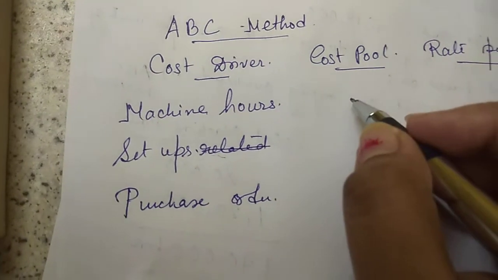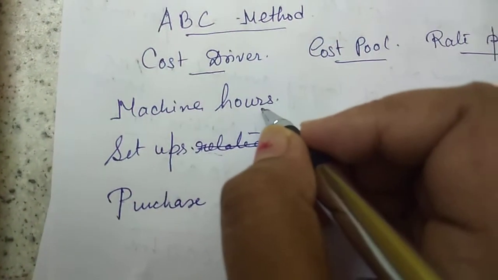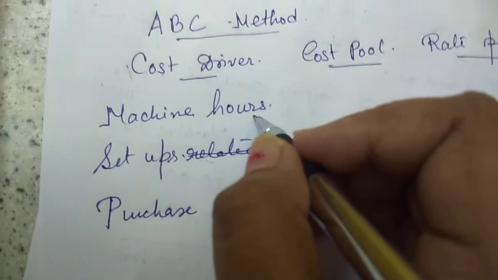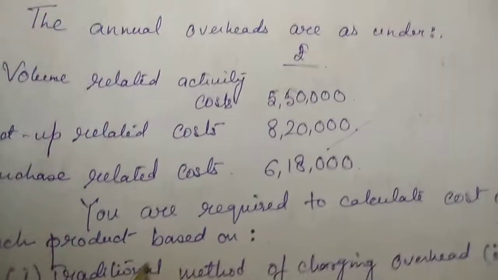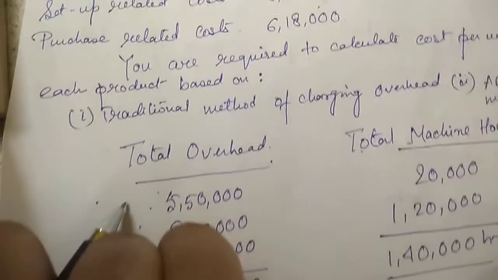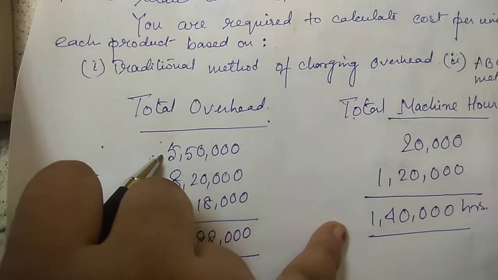What is my cost pull? Machine hours is how much? Total machine hours is 1,40,000 hours.